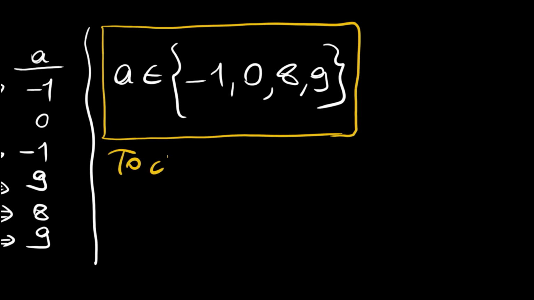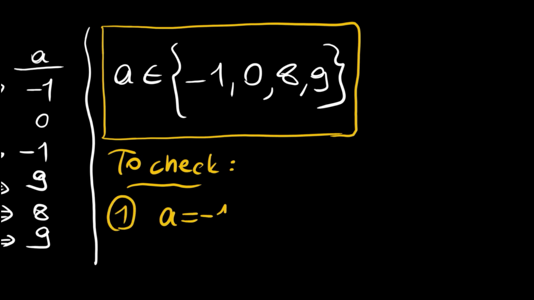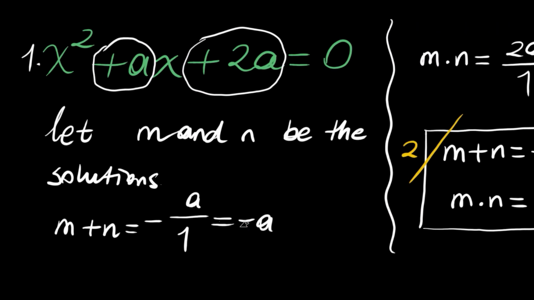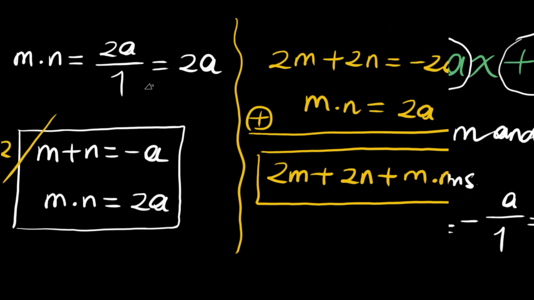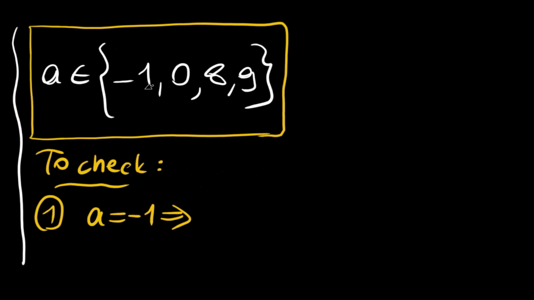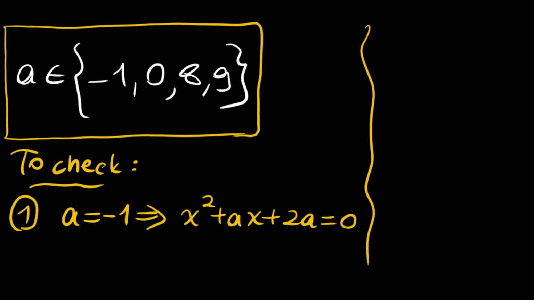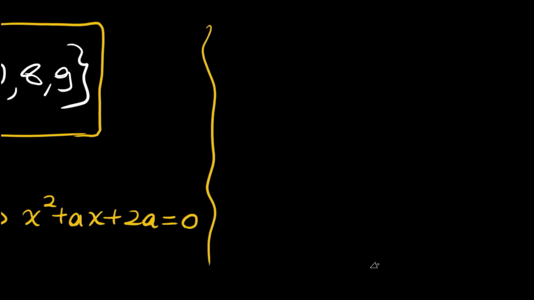To check, we can use first negative 1. Let's say a is equal to negative 1. Then the original equation, x squared plus ax plus 2a is equal to 0. If a is negative 1, we have x squared minus x minus 2 is equal to 0.